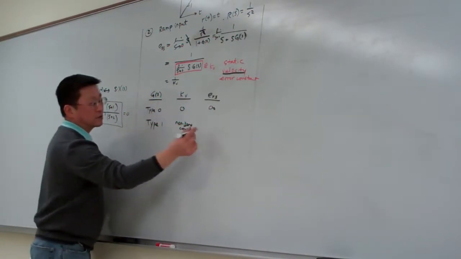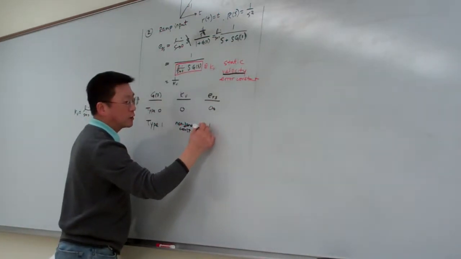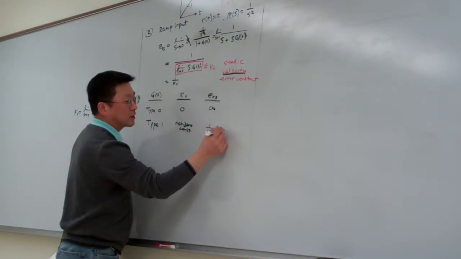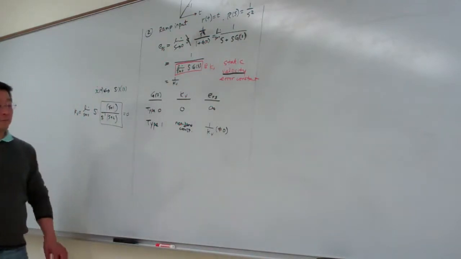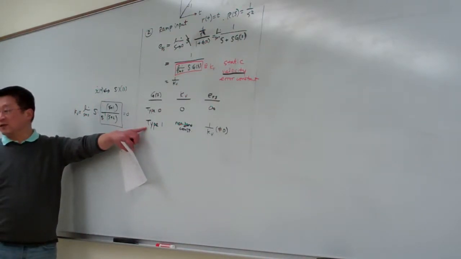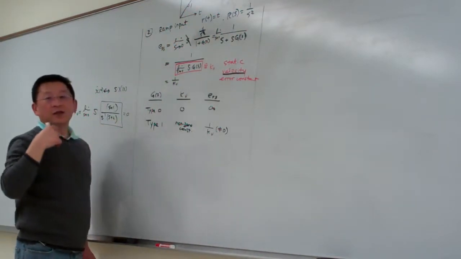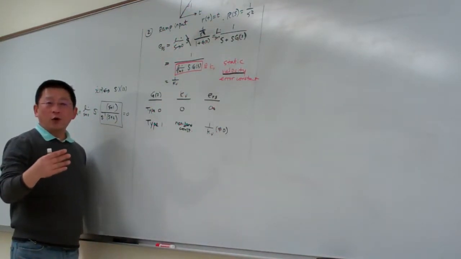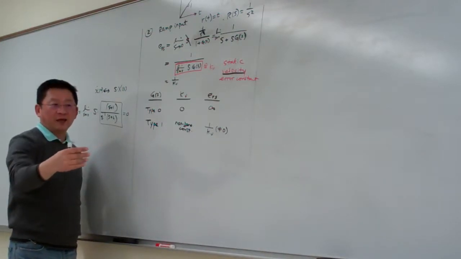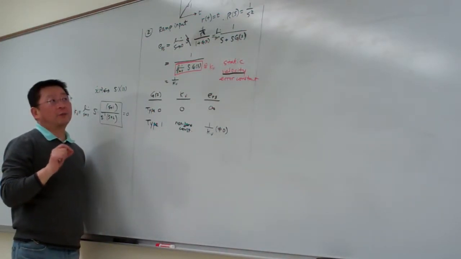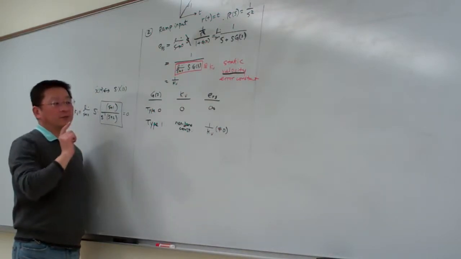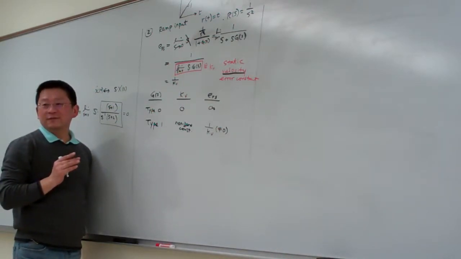Basically here E_ss is 1 over Kv, and that is not equal to 0. A type 1 system is a little bit faster. It is able to follow this input, although it falls behind or ahead a little bit. It cannot precisely follow it, but it's good enough. Got it?